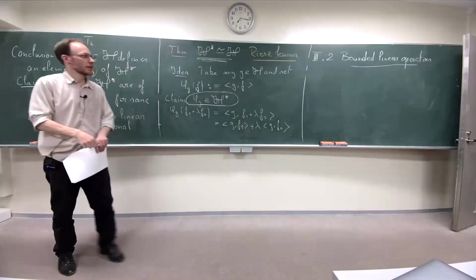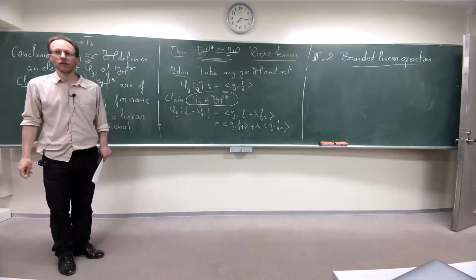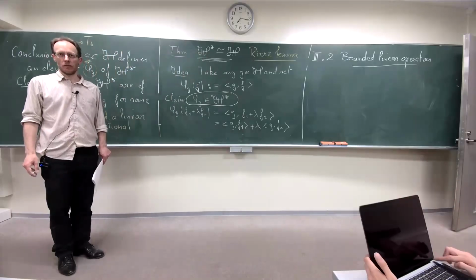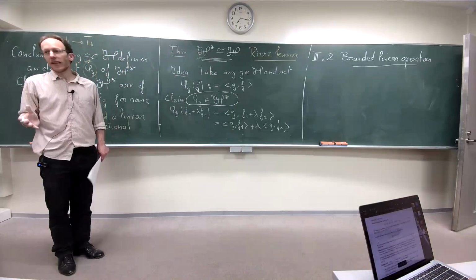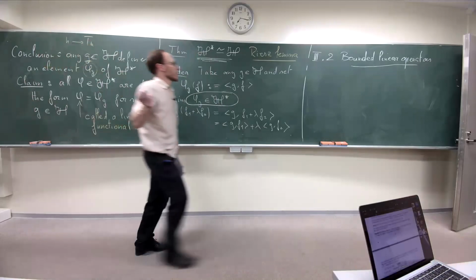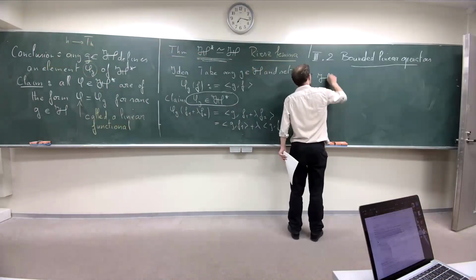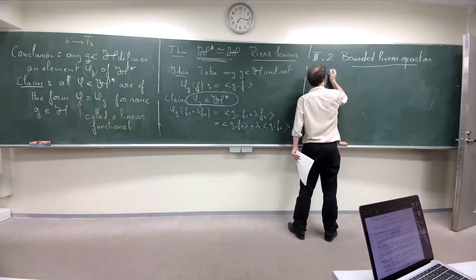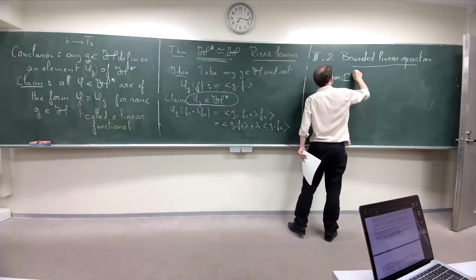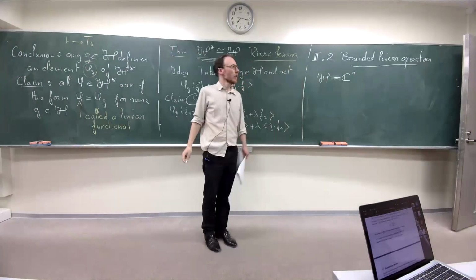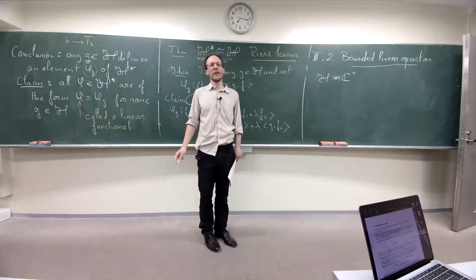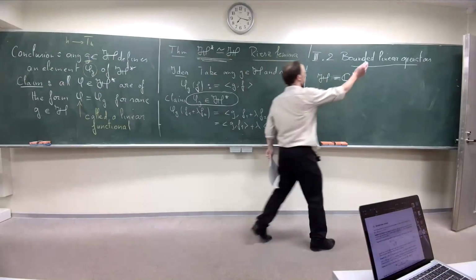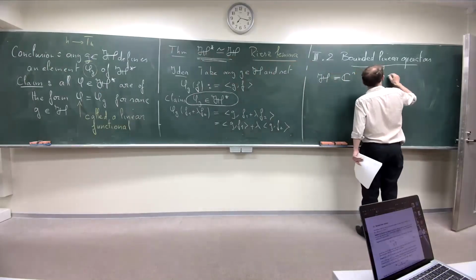What is a bounded linear operator on it? It's like a matrix. The simplest example of H, I already mentioned. So what is going to be a bounded linear operator? The simplest example of this is a matrix.